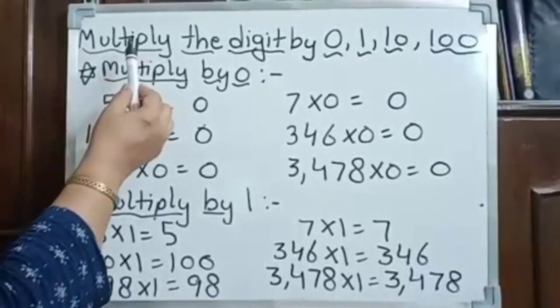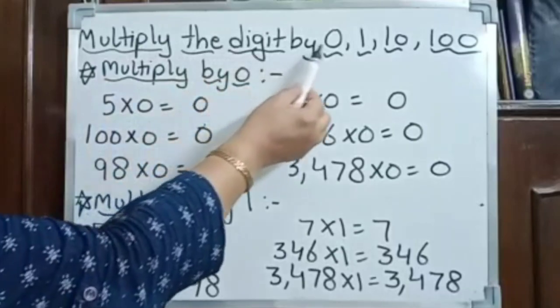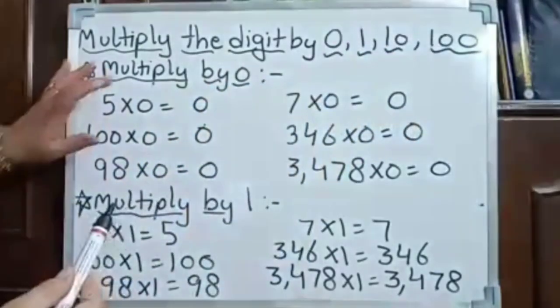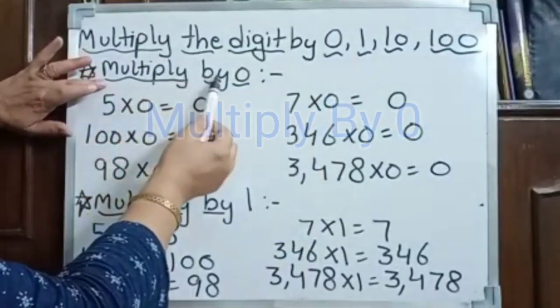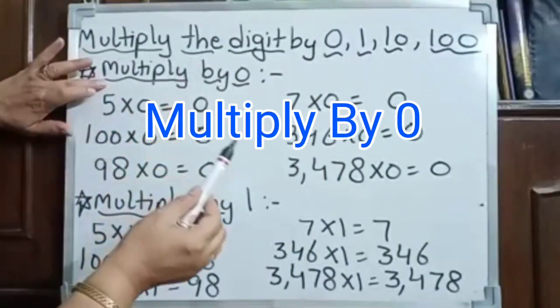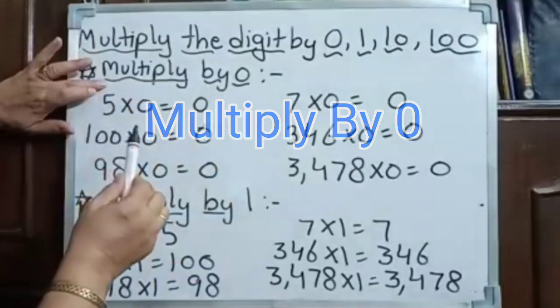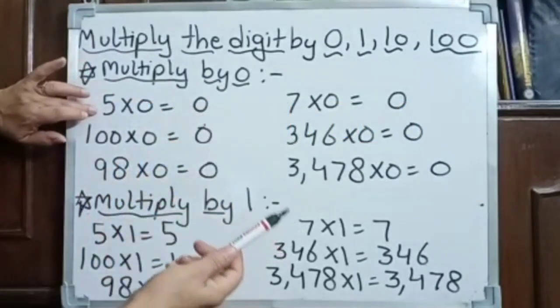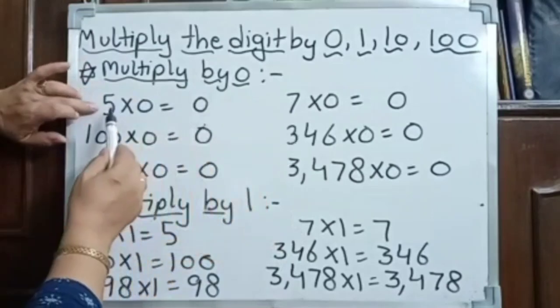Let's look at here. Multiply the digit by 0, 1, 10 and 100. Now it is very simple. Multiply by 0. Whenever we multiply any digit by 0, the answer will be 0. You all know that 0 is no digit.